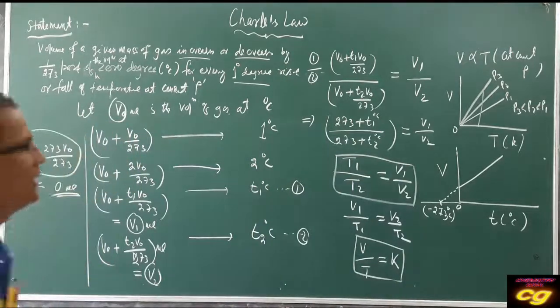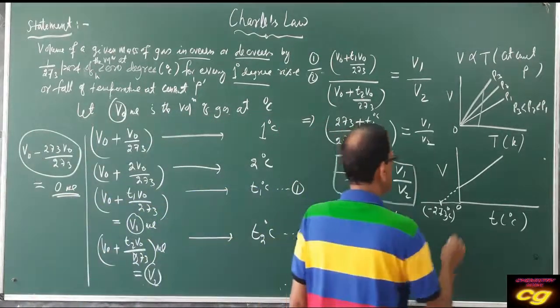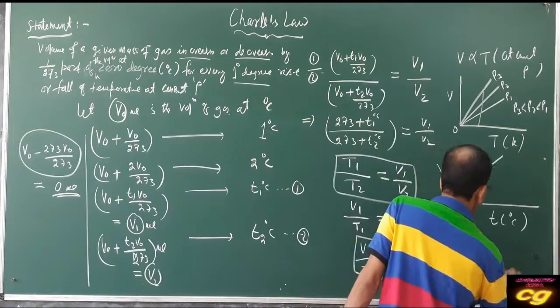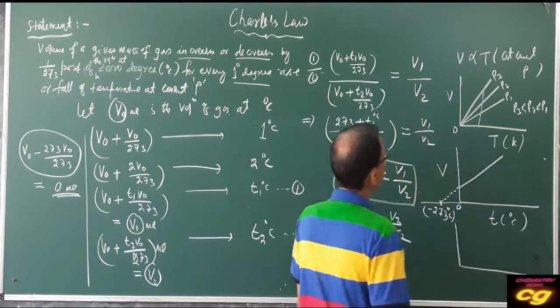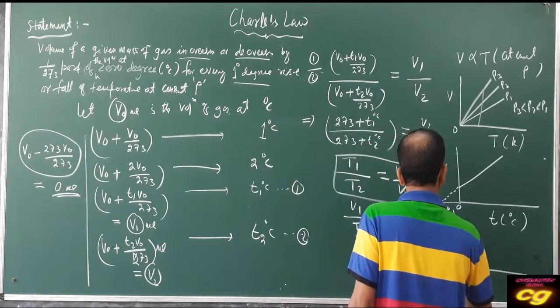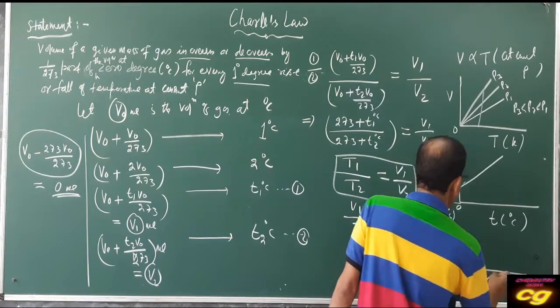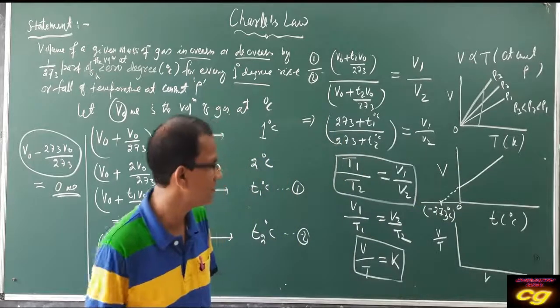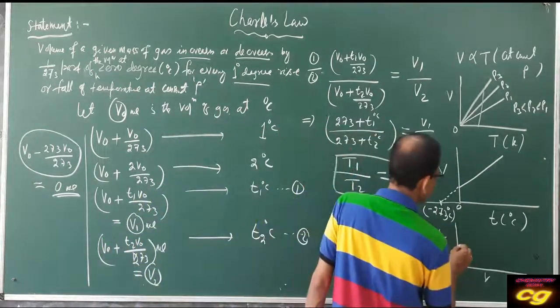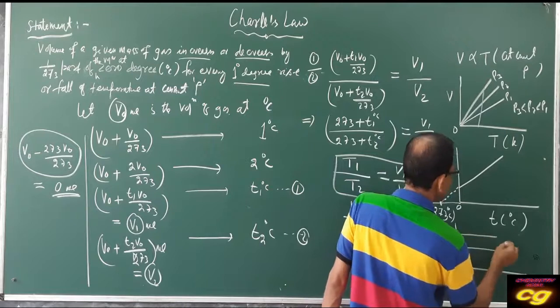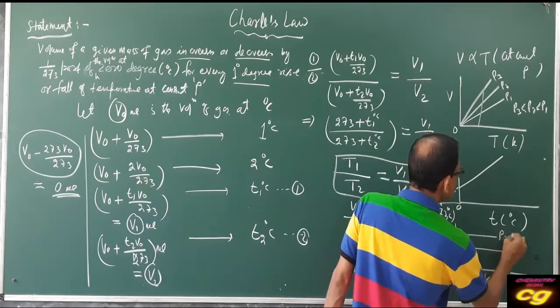Now, if you draw the graph in this way, the graph will be V by T versus V. The V by T versus V graph you draw, the graph will be constant. Suppose this is P1, this is P2.